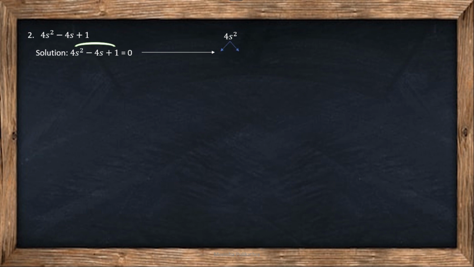The next step is we need to split the middle term. We need to split the middle term such that the two separate terms we are going to insert follow two conditions. If we multiply them, we should get the product of the extreme terms, and if we add or subtract, we should get the value of the middle term. Hope it satisfies the condition. That is, 4s square into 1 is 4s square.